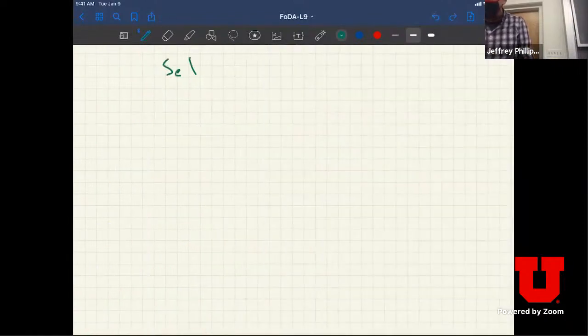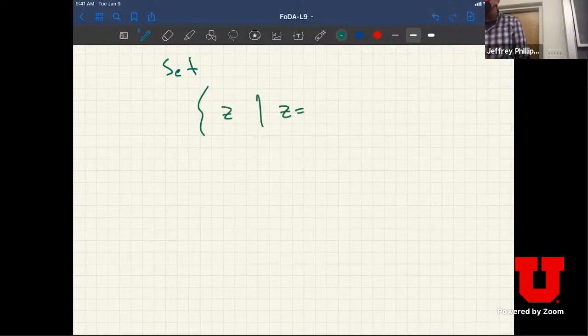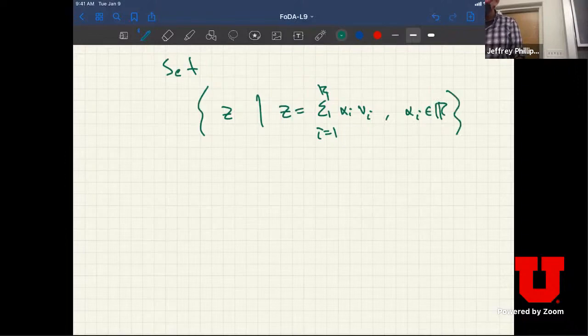I can say the set, let's write the set of vectors Z such that Z equals the sum over K of alpha i Vi for any alpha i in R, right? These alpha i's are in R. Okay, this is called the span of these vectors V. Okay, so the span of the vectors V.